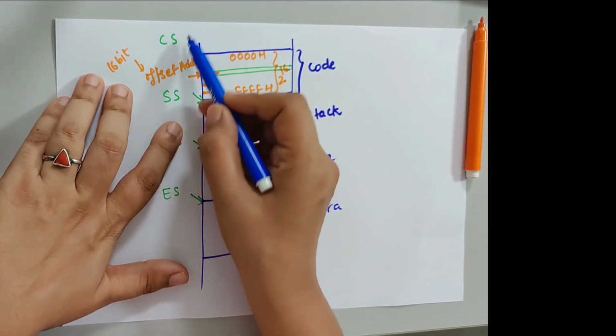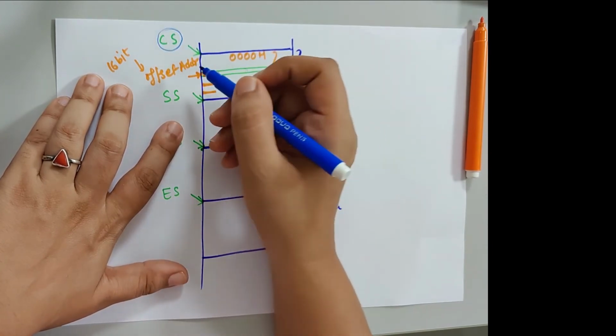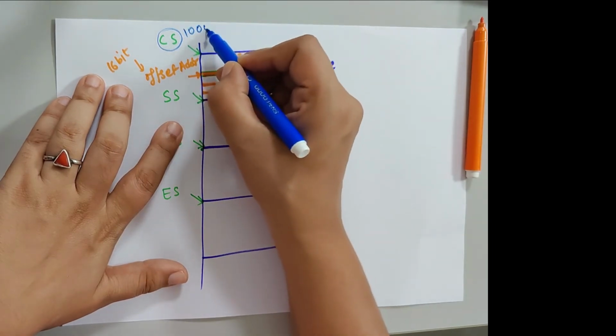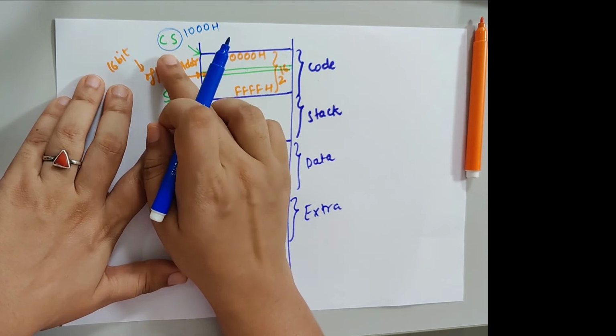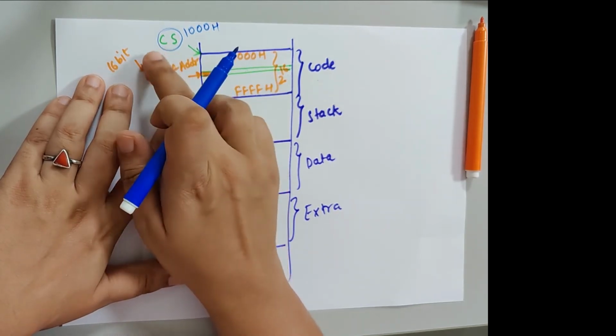Now suppose this CS register has the value 1000H. The CS register is also 16-bit, right? Because it has the segment address, the starting address of the segment, which is 16-bit.